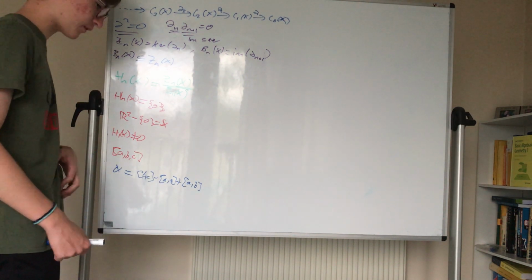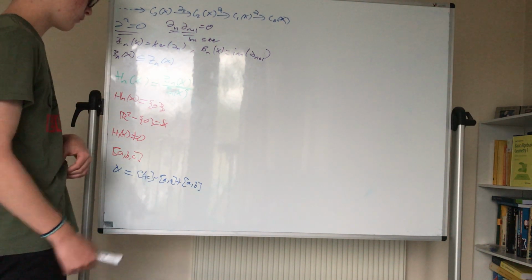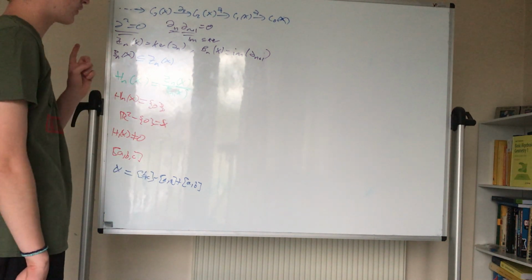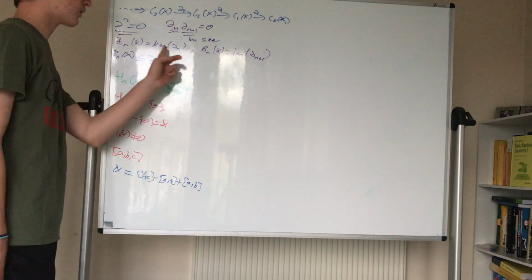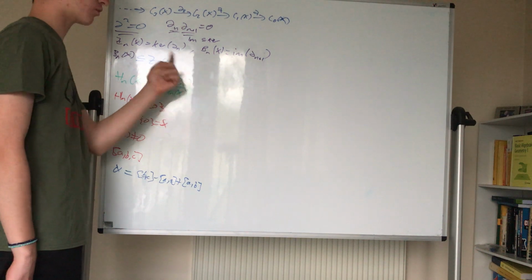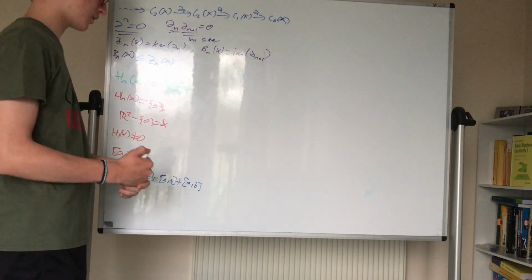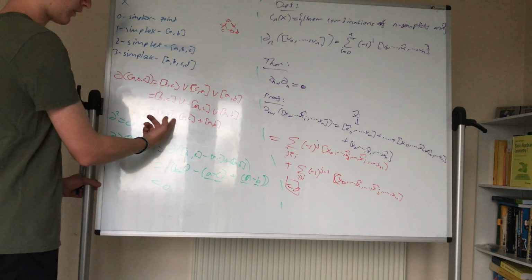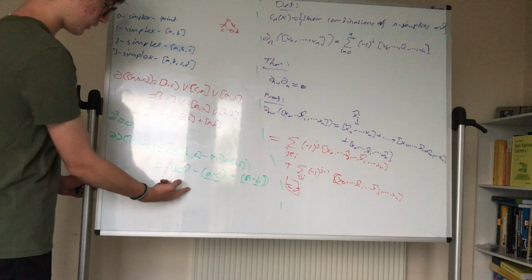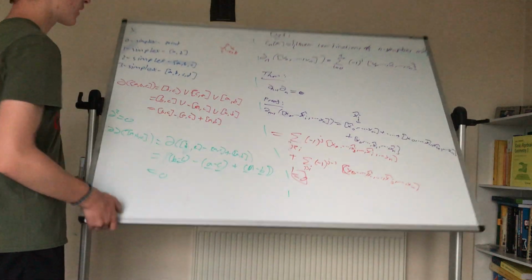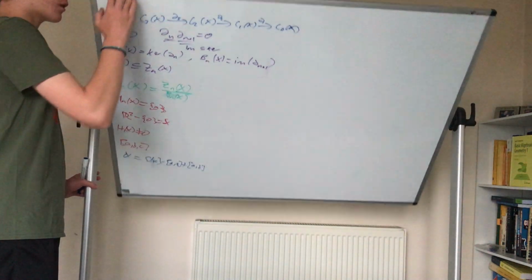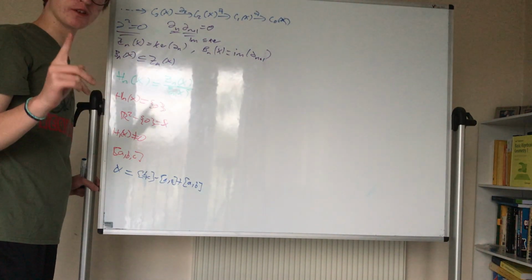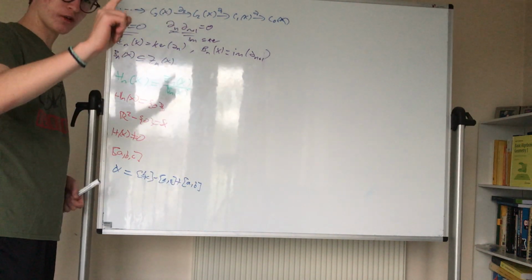And the reason for this is, well, obviously it's a cycle because it's in the kernel of the partial 1 map, which, as we actually showed here, it's obviously in the kernel of this map. And of course, those are all one simplices because those don't go through the origin.